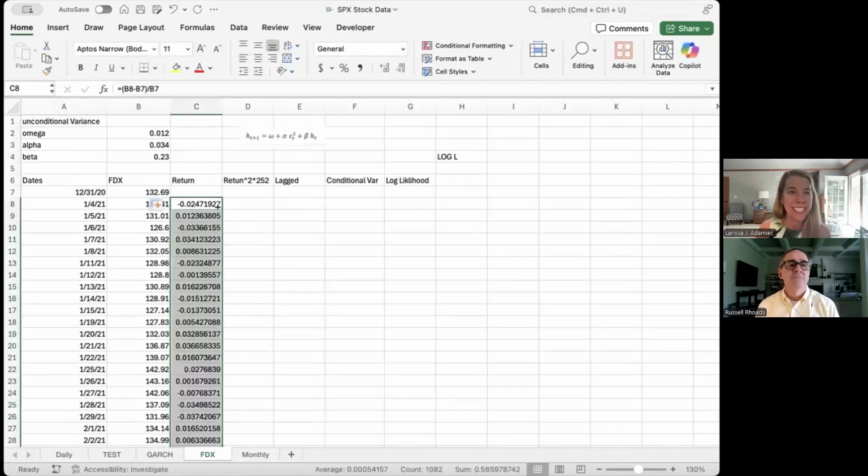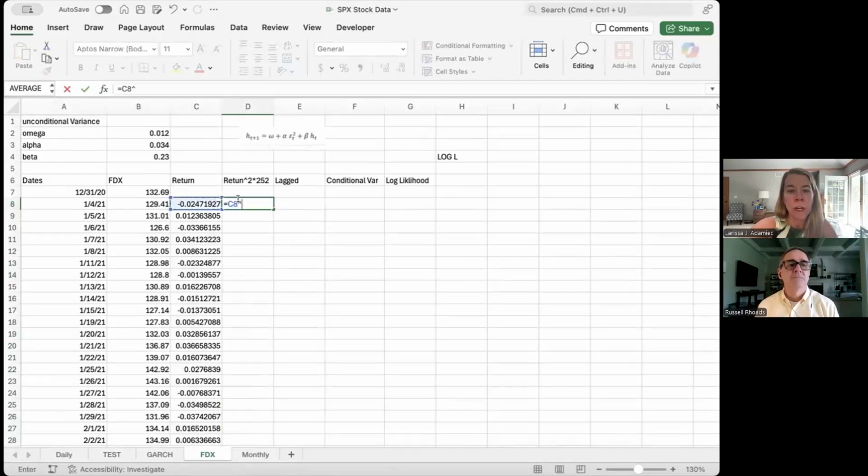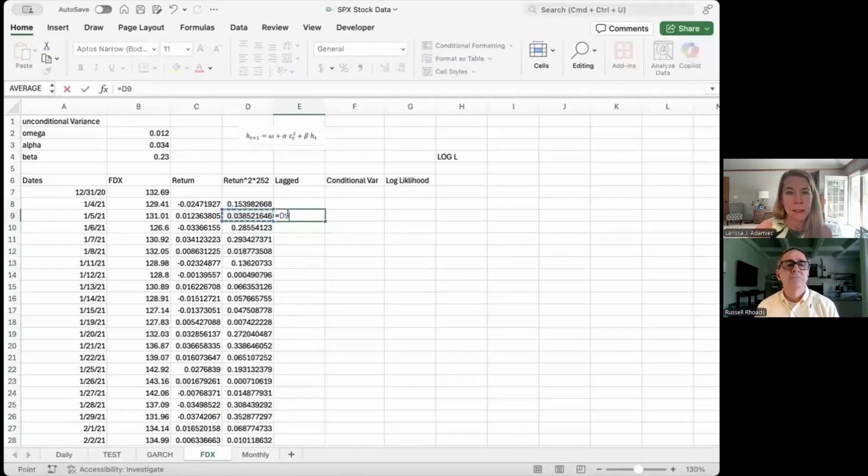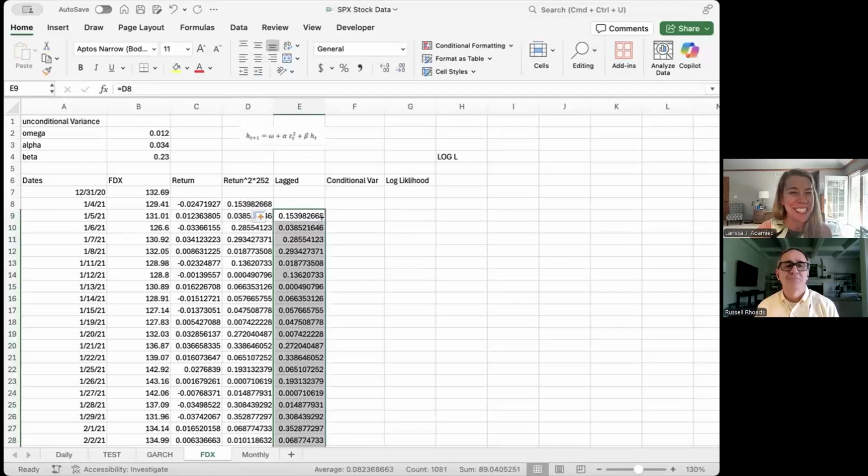Boom. Yay. We are then going to square this and multiply it by 252. Done. We are then going to lag it. So far, easy peasy, right?